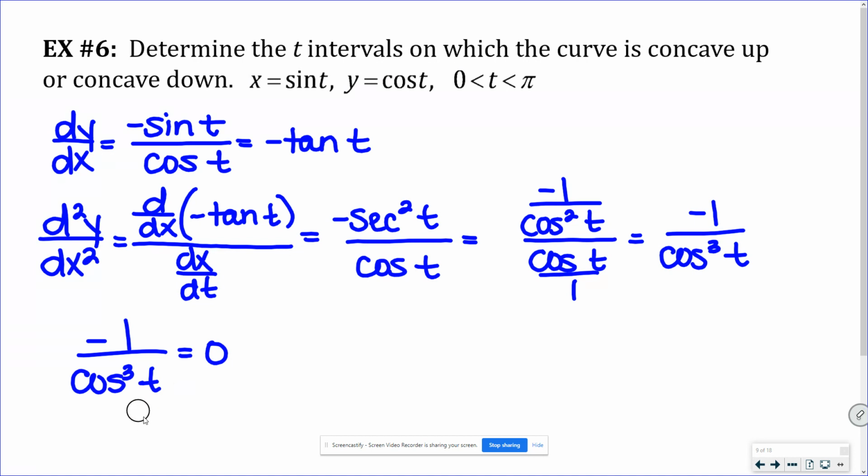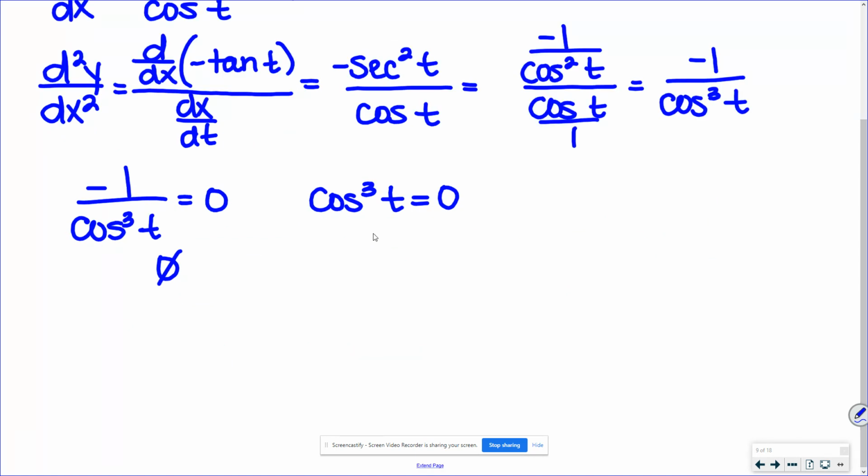It's not solvable because -1 can't be divided by anything to get 0. However, it is possible that this derivative does not exist because cosine could possibly equal 0. So we're going to solve and find that value because that could also be a point of inflection. So you would cube root both sides, but that's still going to give you 0.